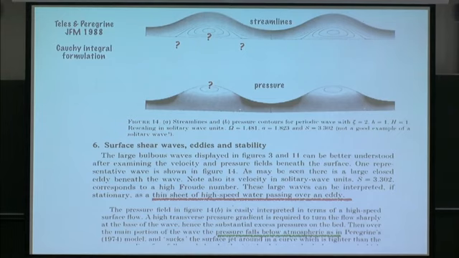And they mention things which are actually good for intuition, in that they say that if these large waves are stationary, then there's a thin sheet of high-speed water passing over this eddy.